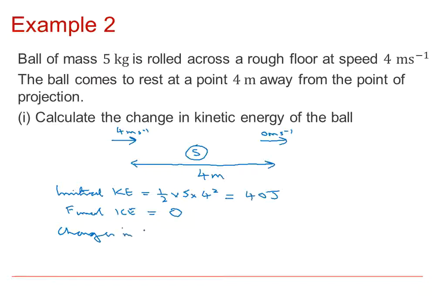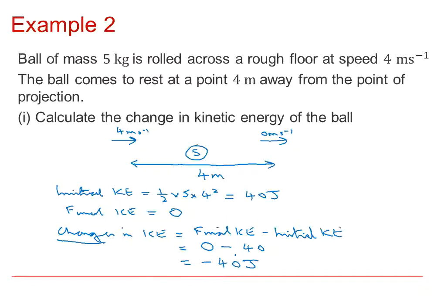So the change in kinetic energy will be the final kinetic energy take away the initial kinetic energy. The important word here is the word change. The change in kinetic energy is we ended up with 0, take away what we started off with, which was 40 joules. So the change in kinetic energy is minus 40 joules.